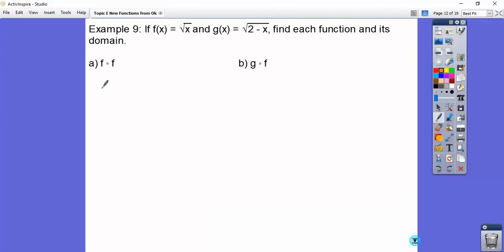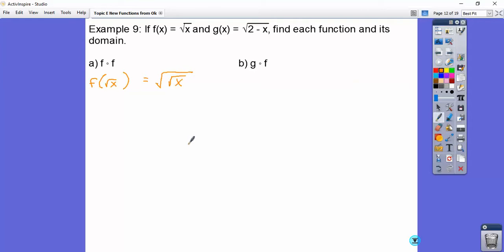For the domain, it's easiest to find the composition first. So when I want f composed with f, that's f of the square root of x. If I put the square root of x back into f, I get the square root of the square root of x.